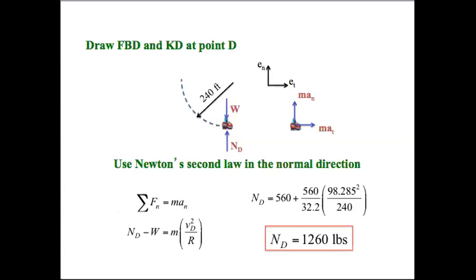Instead of an, we can write v squared over rho. But we have circular motion, so rho equals r. The r is 240 feet. Now, the normal force is 1,260 pounds.